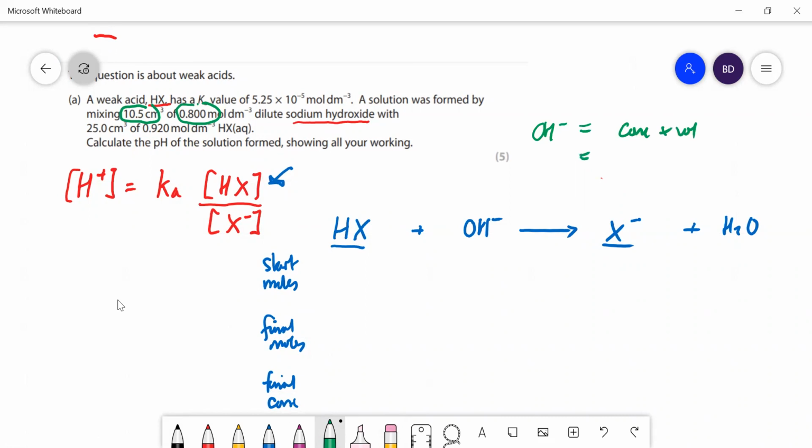The concentration is 0.8 multiplied by the volume, 10.5 over 1,000. That gives us 0.0084. Okay, let's write that down there.